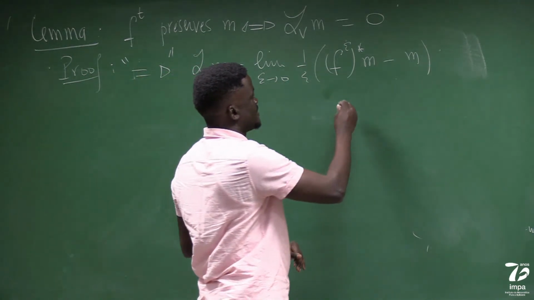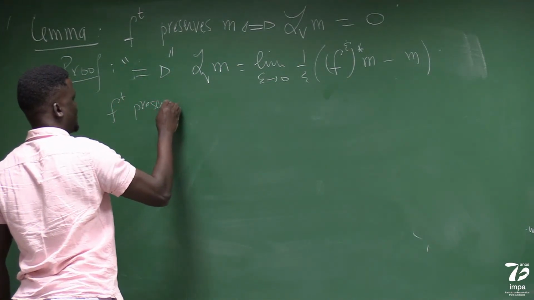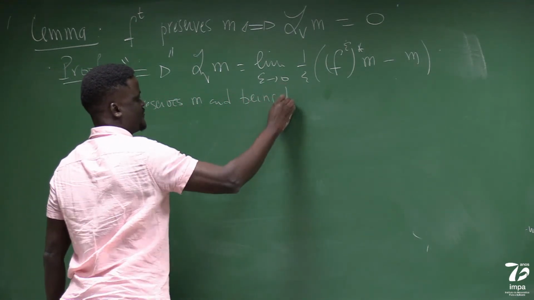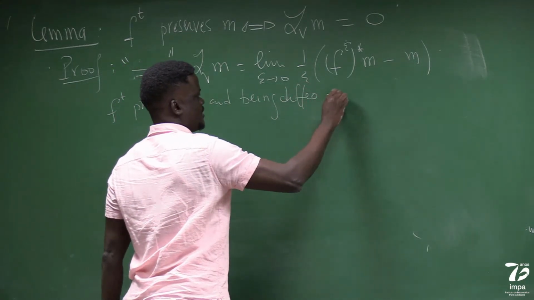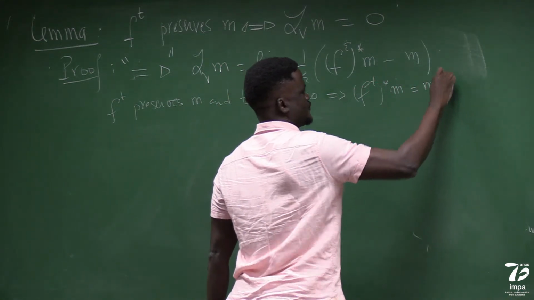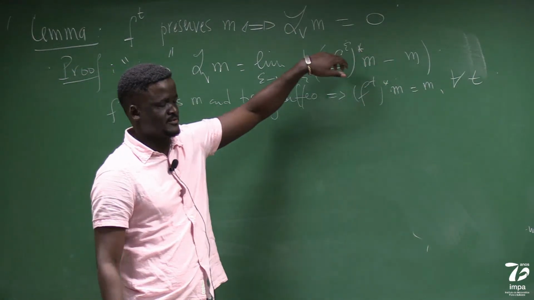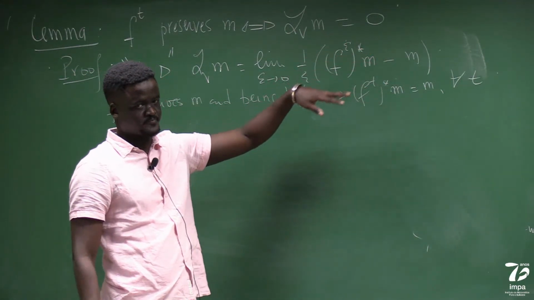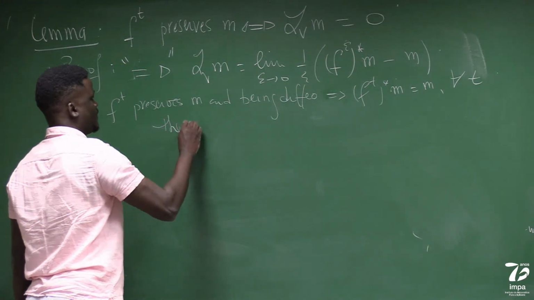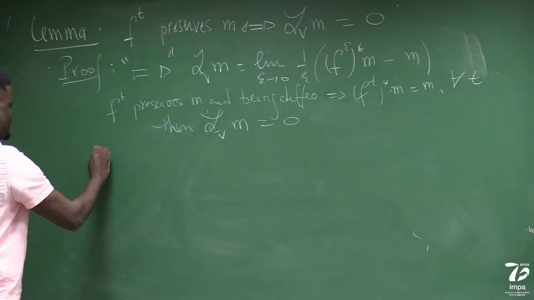This implies that F_t star of M equals M for all t. So this is 0, then L_V M is 0.